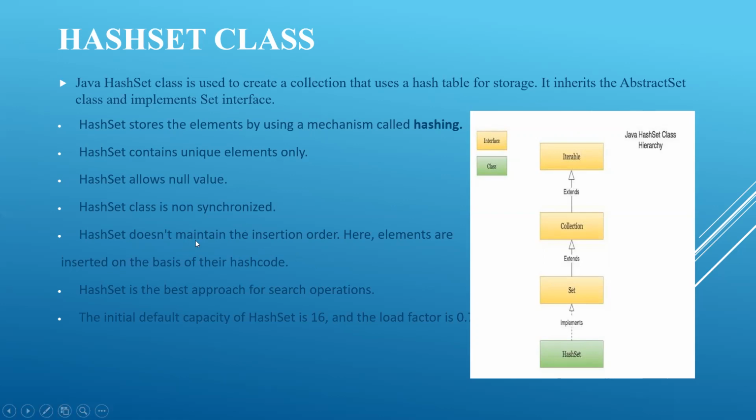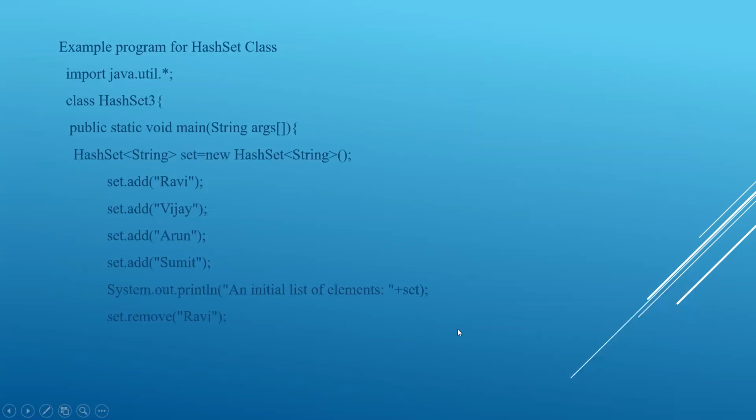They are inserted based on the hash code. And this is following the principle of hashing in order to store the elements. And the best way in this hash set is the search operation, and the default capacity of the hash set is 16 elements with a load factor of 0.75.